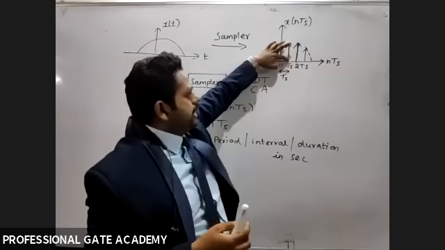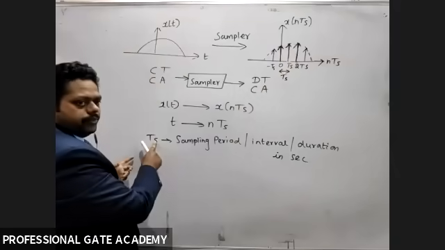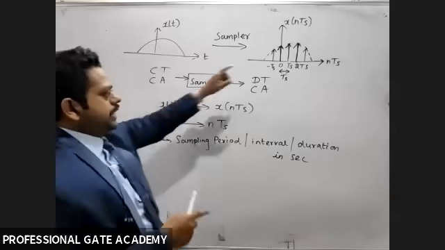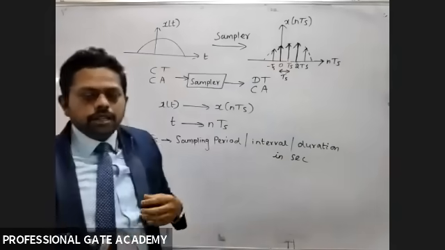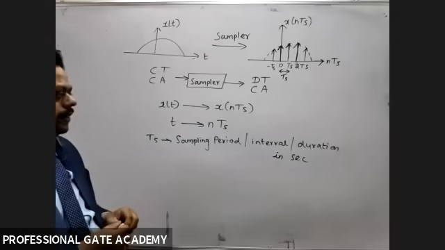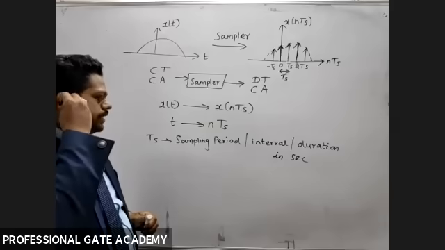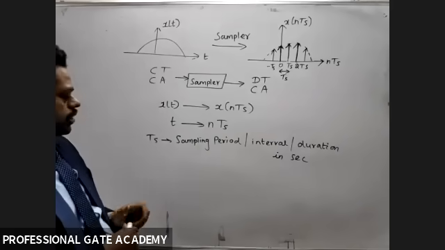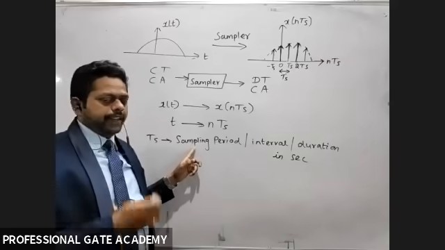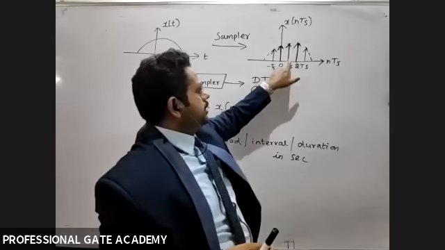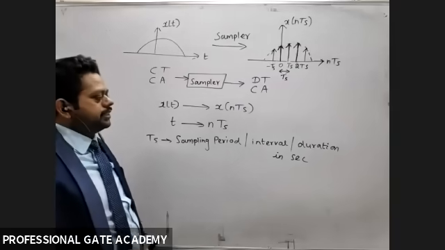Similarly between these two samples, the time period is Ts. So how do we define the sampling period? Write the definition: it is the time difference between adjacent samples. So Ts is the sampling period, interval or duration in seconds, defined as the time difference between adjacent samples.